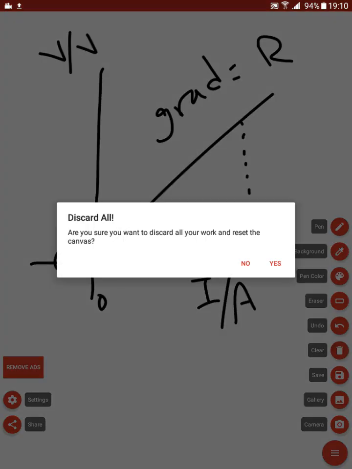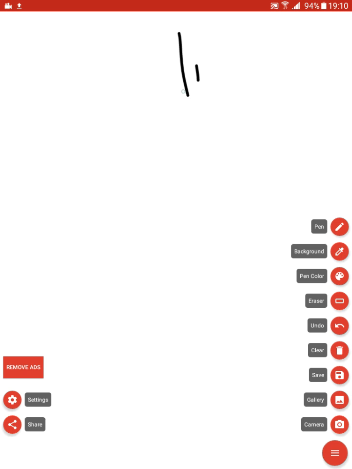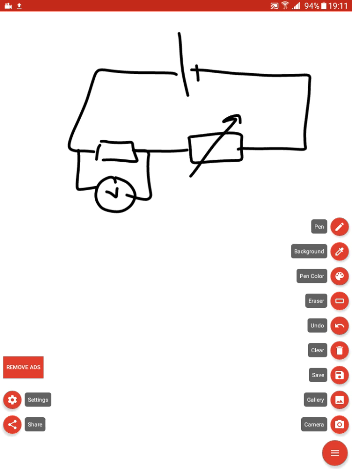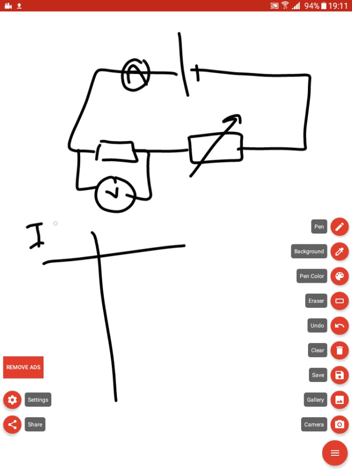How can I make this experiment? I bring a battery and a resistor, and we connect a voltmeter parallel to this resistor, and a variable resistor attached, and a meter here to find the current. So I can measure the values of current and voltage by changing the value of the variable resistor.